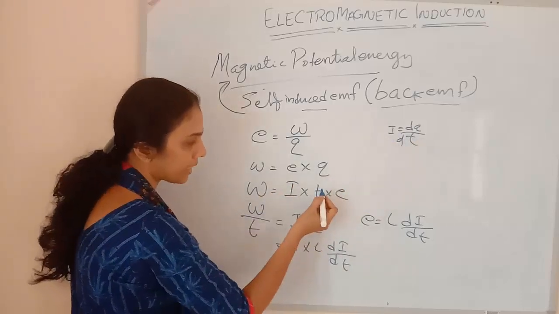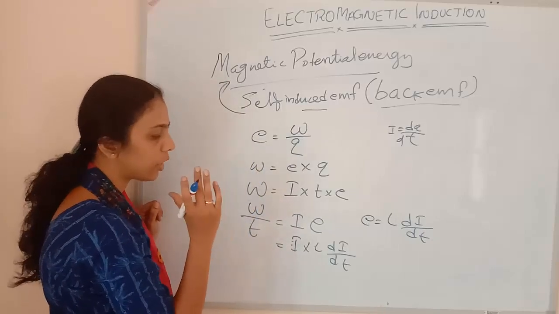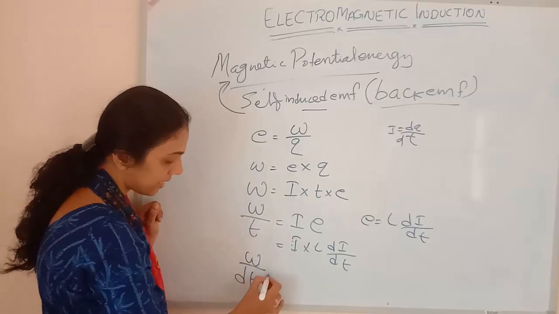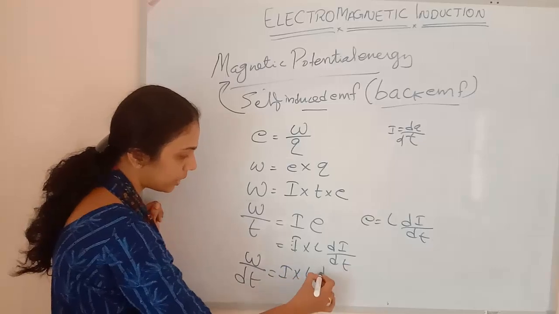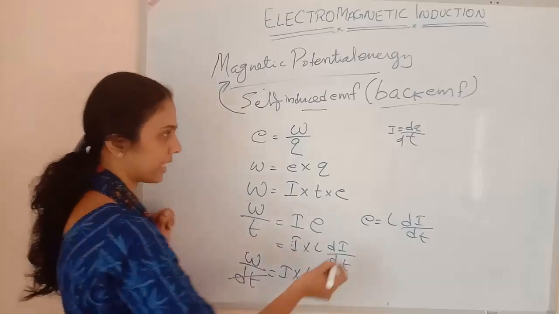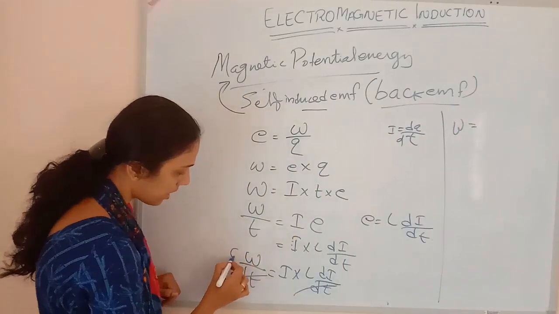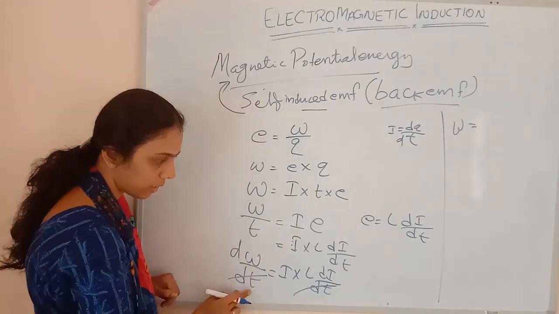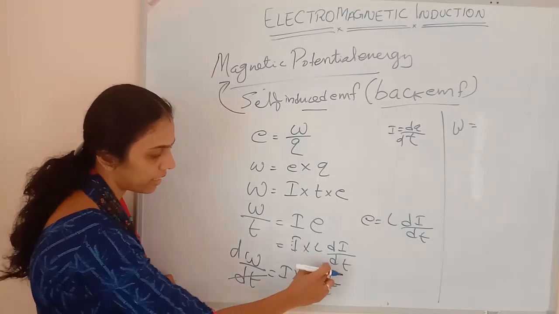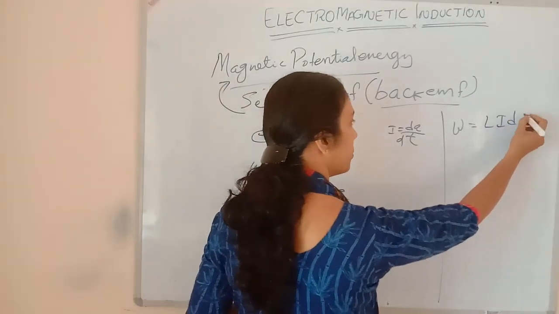If we consider everything as a small interval of time dt, then we can write dw by dt is equal to I into L into di by dt. So this dt and dt will get cancelled. So dw is the small work done for a small interval of time dt. So we got it as L into I into di.